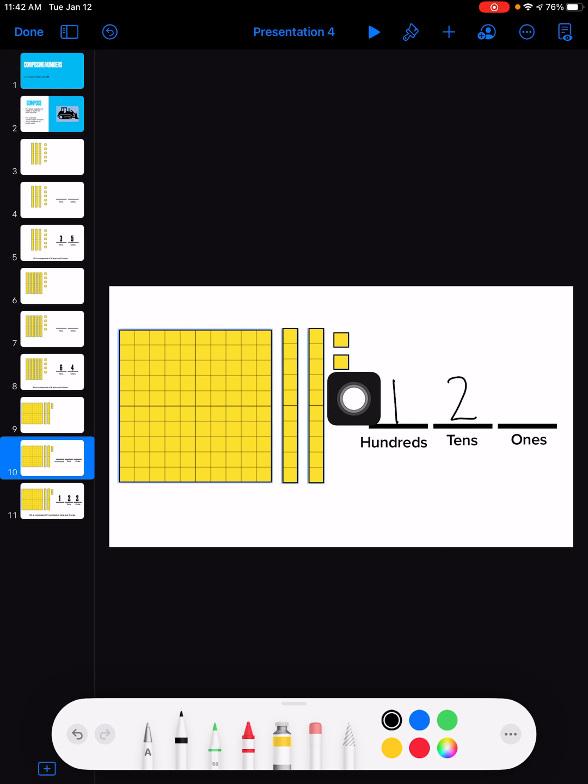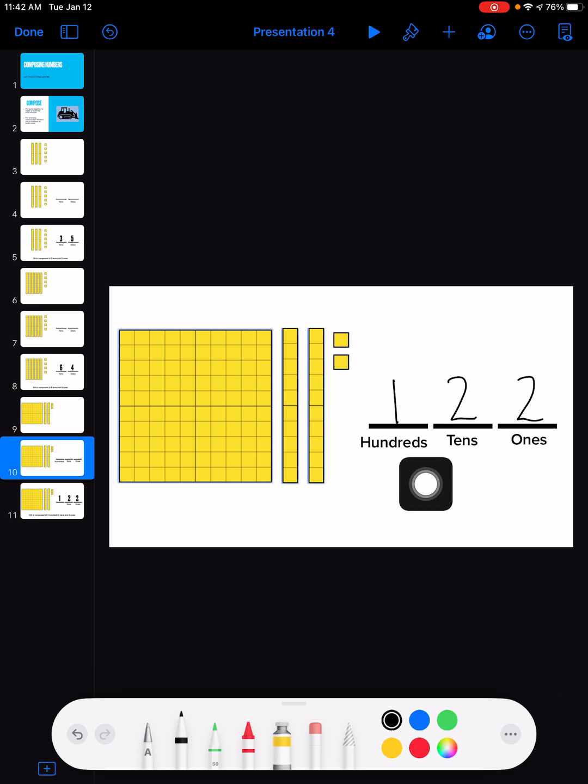And how many ones cubes do I have? Right, 1, 2. I have 1 hundreds block, 2 tens, and 2 ones. 1 hundreds, 2 tens, and 2 ones equals what number?